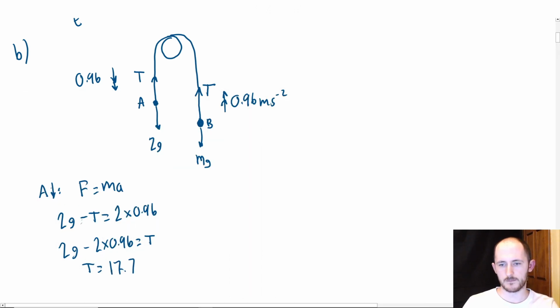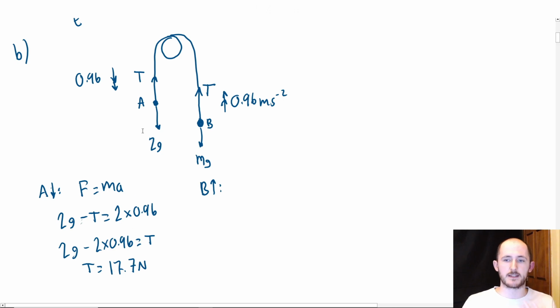Okay, nice and easy. Already got marks. Now for B, we're going to take upwards as positive. It doesn't actually matter which way round you take as positive, so long as you make sure all of your vectors match. So for example, if I took upwards as positive for A, I would have to make this minus 2g, this plus T, and this minus 0.96, and I'll get the exact same answer, except it might be negative, for example.